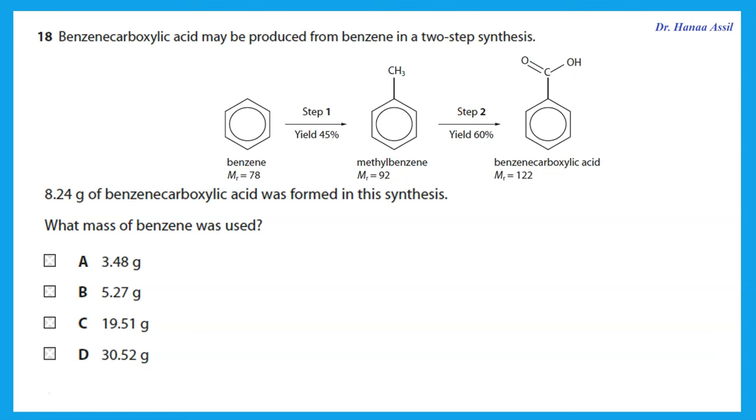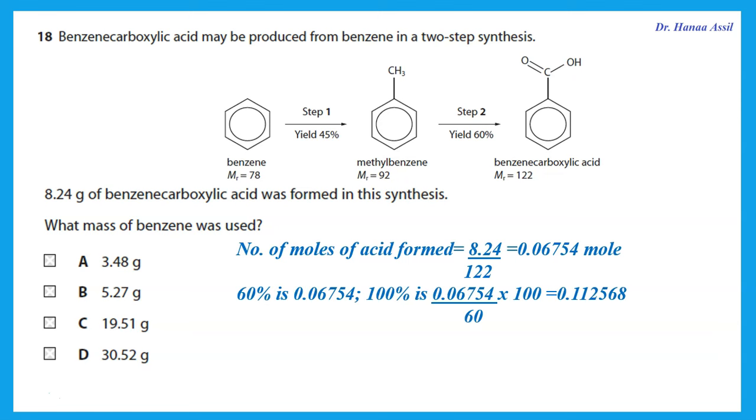So let's start from the benzene carboxylic acid. We got 8.24 grams, so I can get the number of moles of that, the mass over molecular mass, but then this is only 60% yield. So if I were to get 100% yield, then the number of moles would be this. Instead of 60%, the 60% gives 0.0675.